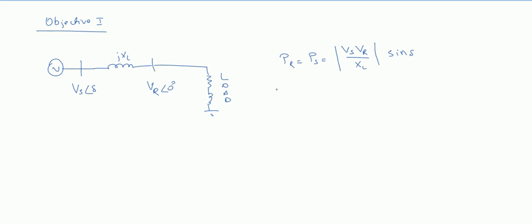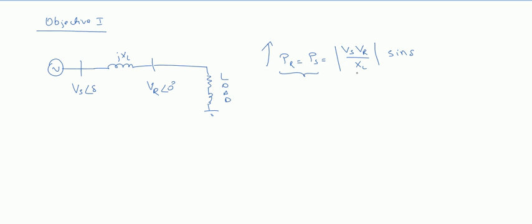If you have seen the power equations of the receiving power and sending end power. Right now we are doing objective one analysis, how we can make this power maximum. We have to increase this power transfer capability.